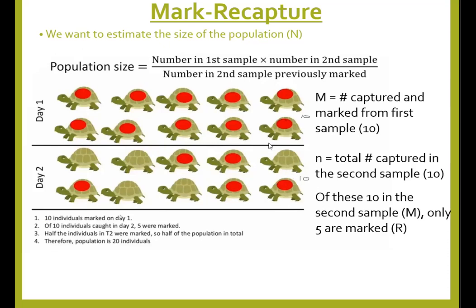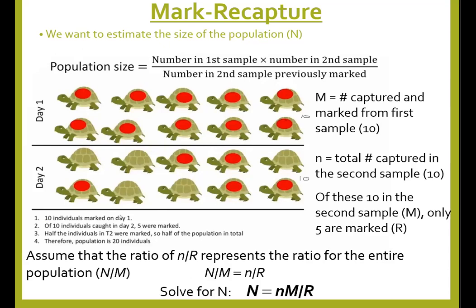This guy was captured before, it has been recaptured, and we know it's been recaptured because it happens to have that little red paint mark. We can plug these numbers into an equation and get an estimate for N. And N is the estimated size of the population at this time. We can use this number to predict a lot of other things later.